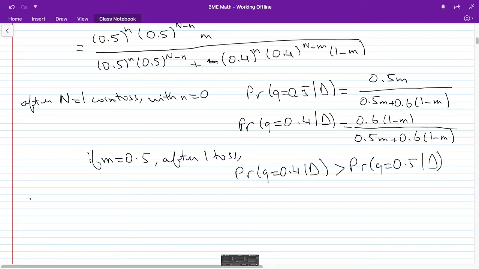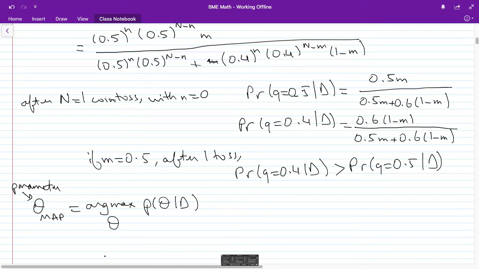And so in principle, when we have a parameter that we want to estimate, the way for us to estimate it in a Bayesian sense is to find that parameter that maximizes the probability of that parameter given the data, which is equal to the parameter that maximizes the probability of the data given the parameter, the likelihood, times the prior.